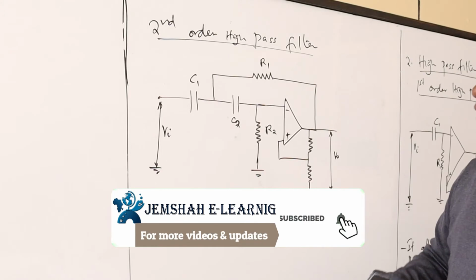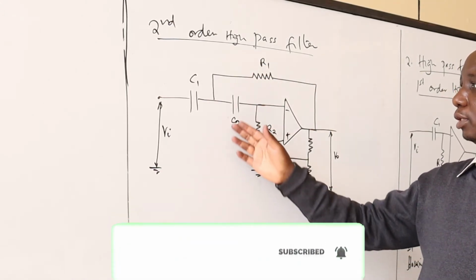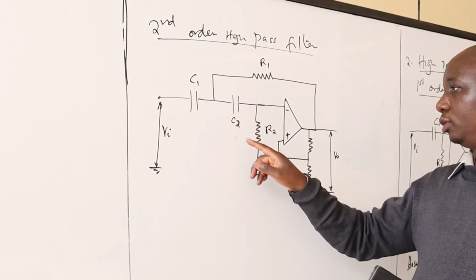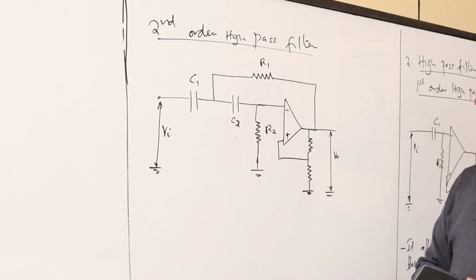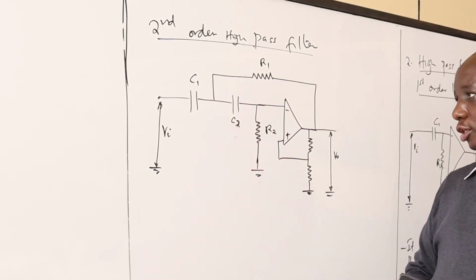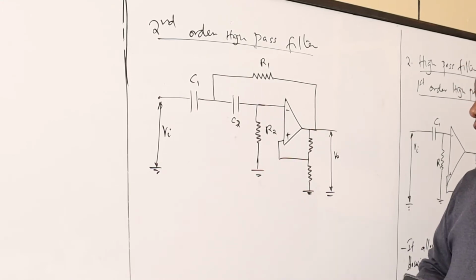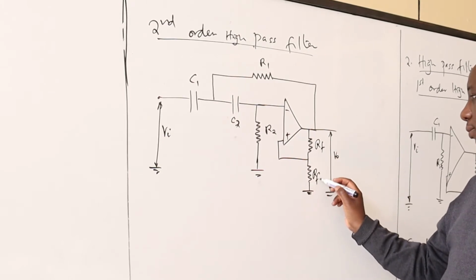When you look at this, we are able to see that at the input end, there are two capacitors, C1 and C2, and also R1 and R2. In this case, the capacitor is in series with the input. Then it creates a second order high pass filter for that purpose.